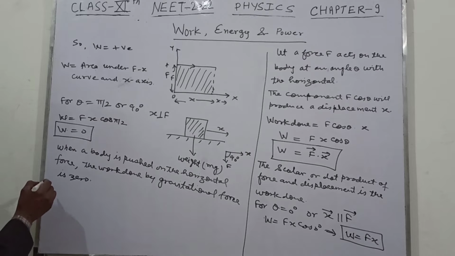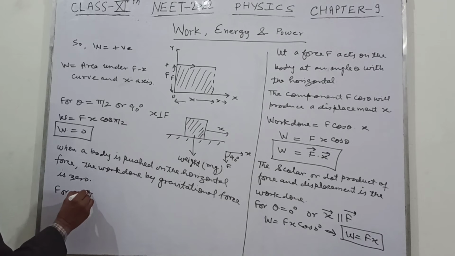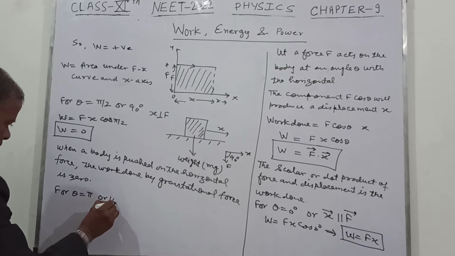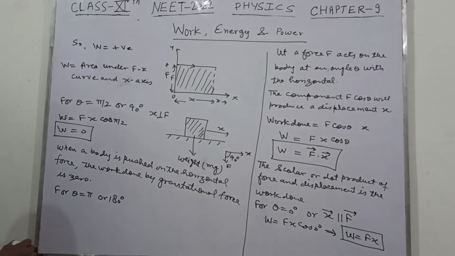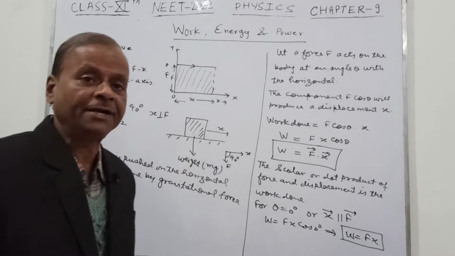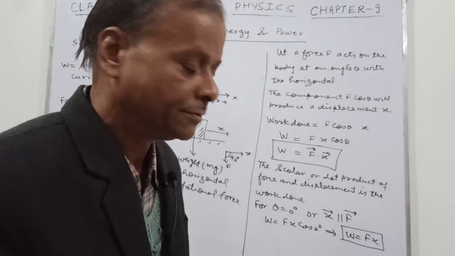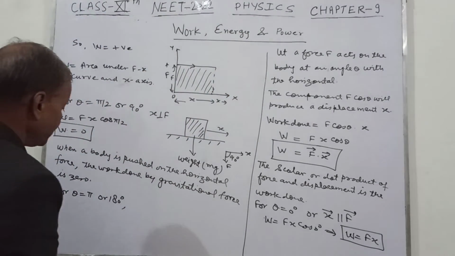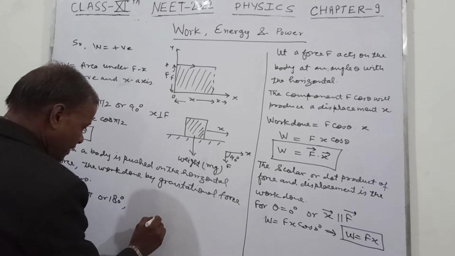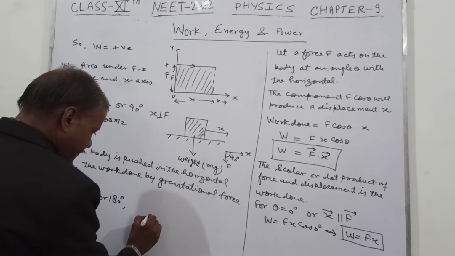And now for theta equal to pi, or 180 degrees, it means what? That this x is anti-parallel to F. So the angle between them is equal to 180 degrees. So suppose we are having a body.